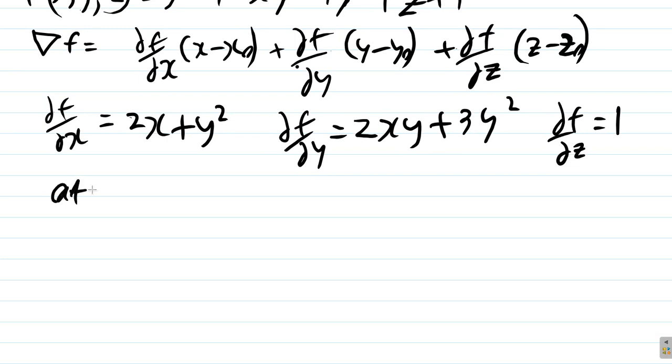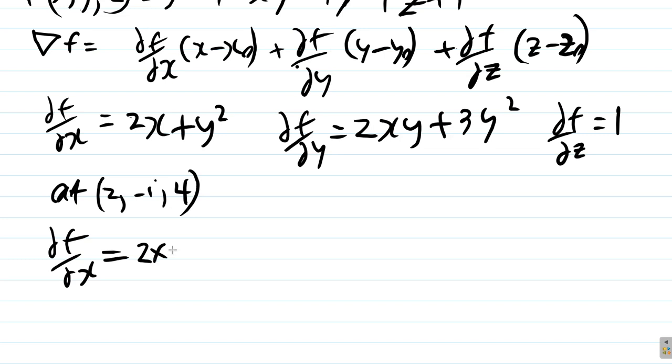So, at the point 2, negative 1, 4, partial of f with respect to x is equal to, that would be 2 times x, which is 2, plus negative 1 squared. It will be 2 2s 4 plus 1, which is 5. Alright?